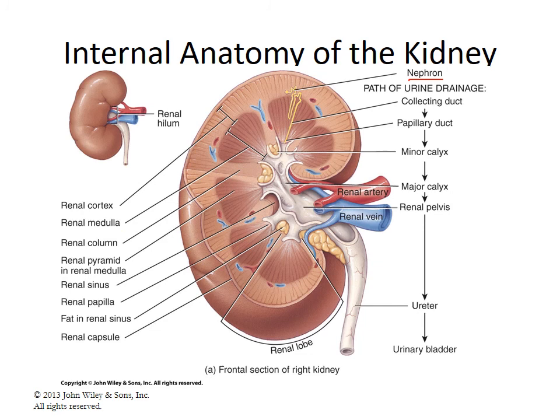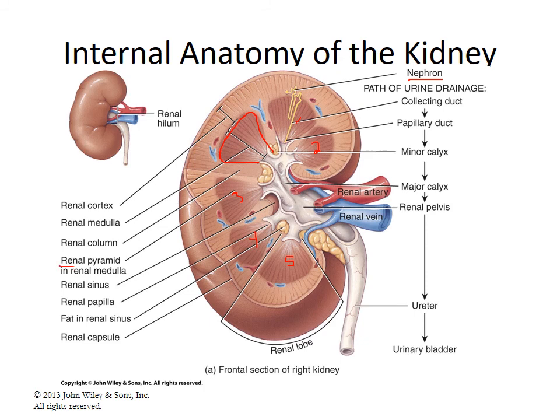The first one is going to be this little guy right here that you'll see repeating all over: there's one here, one there, one here, and one here, and then finally here. So they're all over in there. These are called renal pyramids.